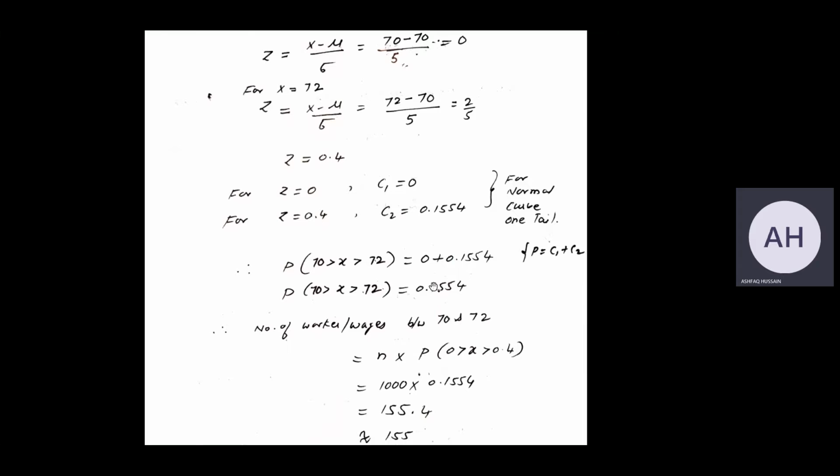Right, now let's go to the second part, between 69 and 72. Similarly, you put x is equal to 69, and you'll get z equal to 0.2. If you see the table, C1 will be 0.0793. At x is equal to 72, z is equal to 0.4. Already we know for 0.4 it is 0.1154.